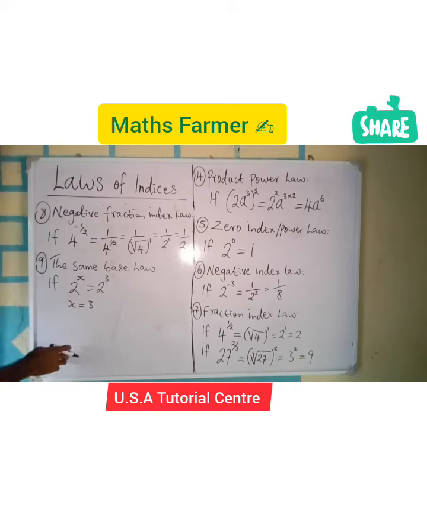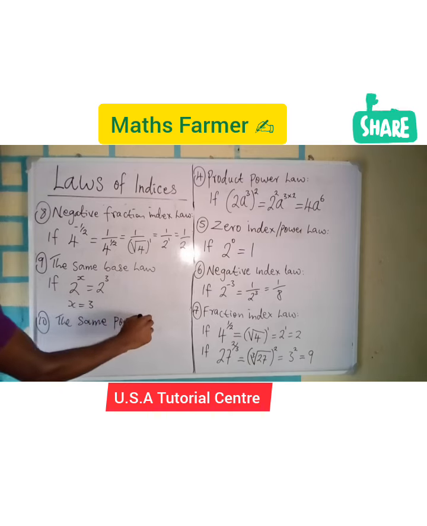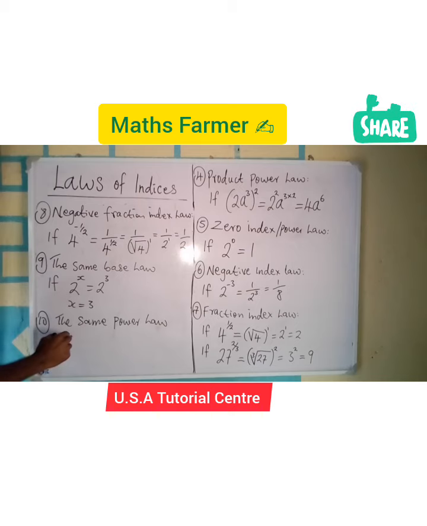And the last one, number 10, the same power law, or the same index law. In this case, if you have x raised to the power of 2 equals 3 raised to the power of 2, the index here is 2 and the index here is 2.